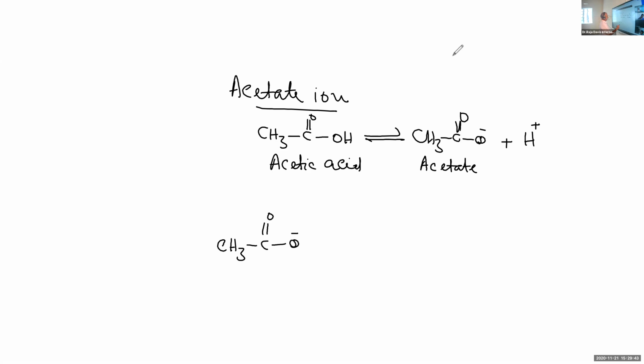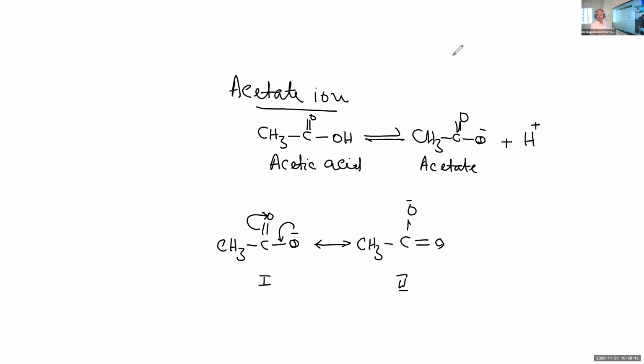That is one resonance structure. And in the next case, the electron pair is shifted like this. Resonance is shown by a double-headed arrow. So you get another structure. CH3, then C, O minus, then double bond O. That is structure number 2.